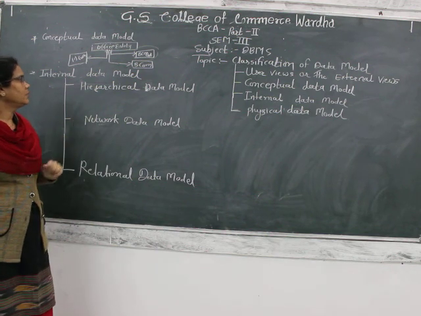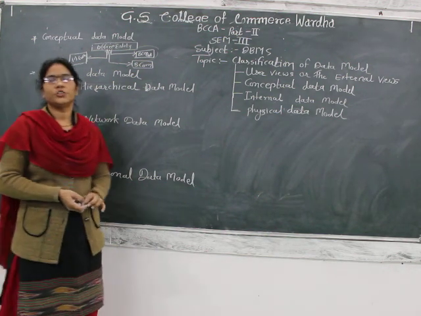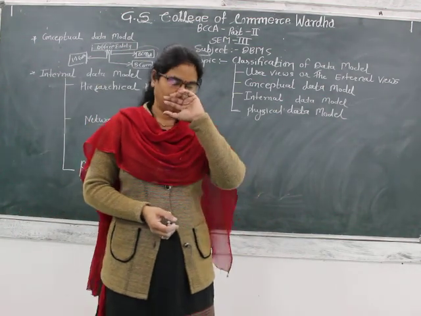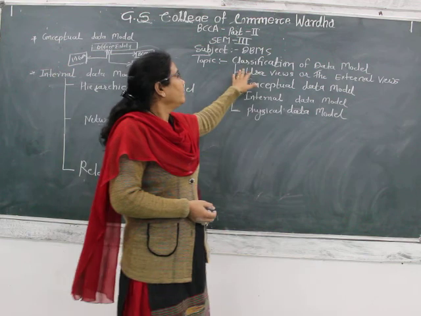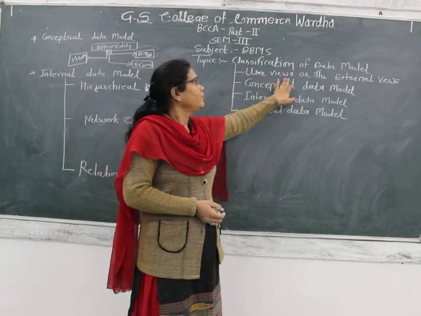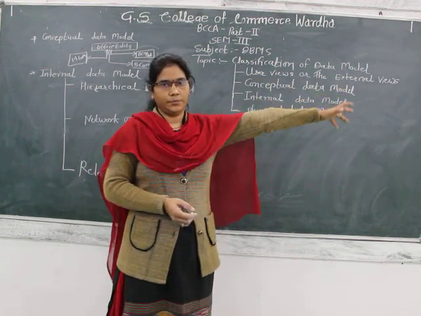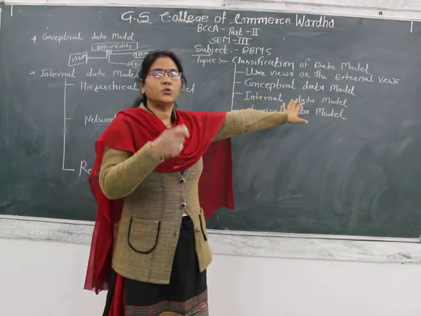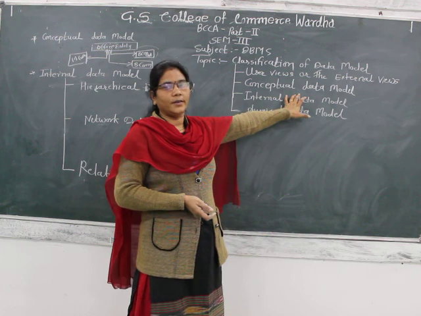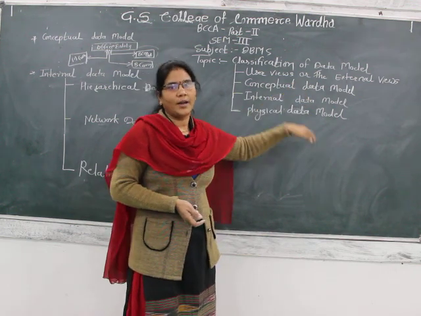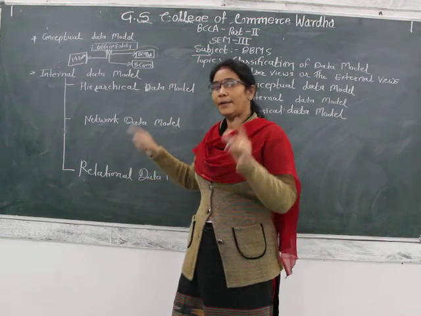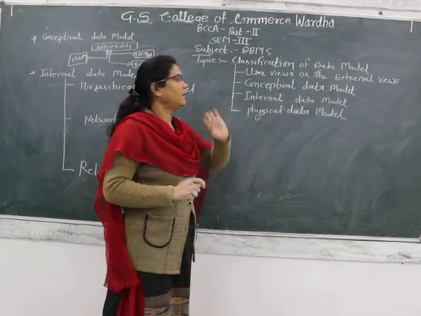So today we see the hierarchical data model, which is mapped as the internal model. That means when we create the user view or external view with the sub schema, after that we create the consolidated view of the entire entity. After that we have to map it to one of these three types, and this is nothing but the internal data model.